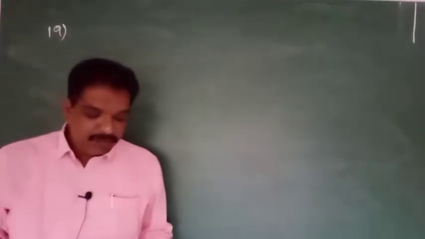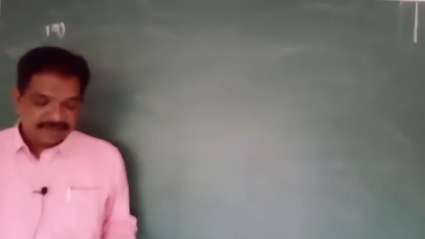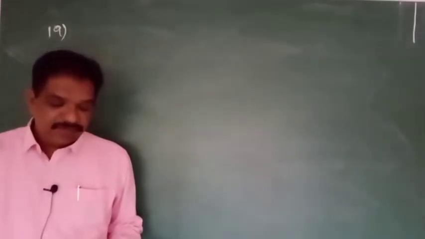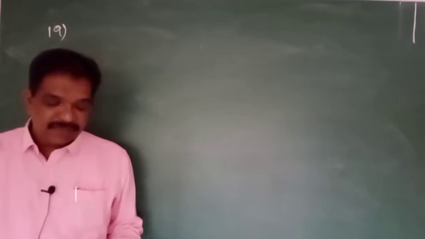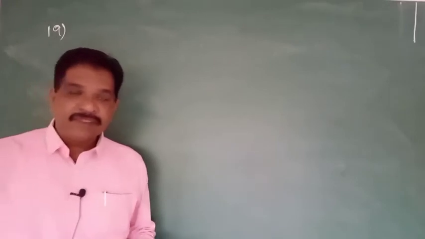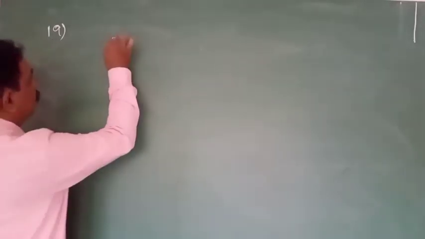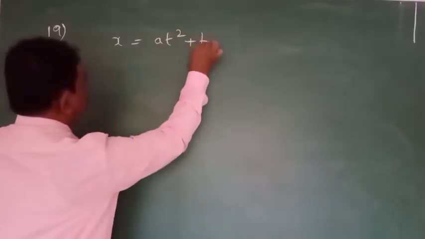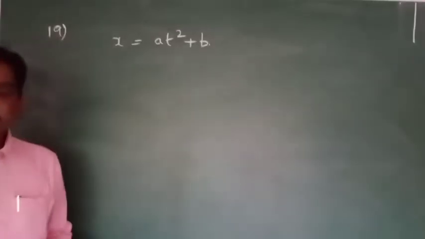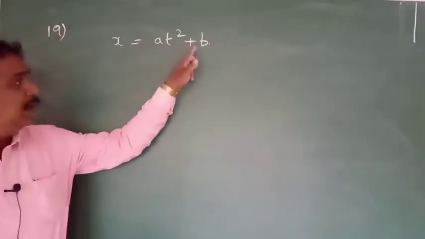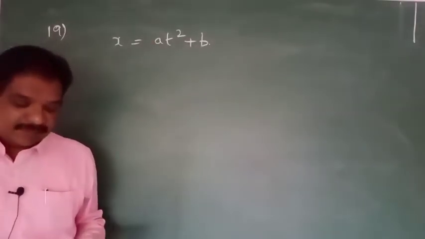For a body moving along the x-axis, the distance travelled by the body from a reference point is given as a function of time as x is equal to at square plus b. So the displacement and time relation is given, where a and b are constants.